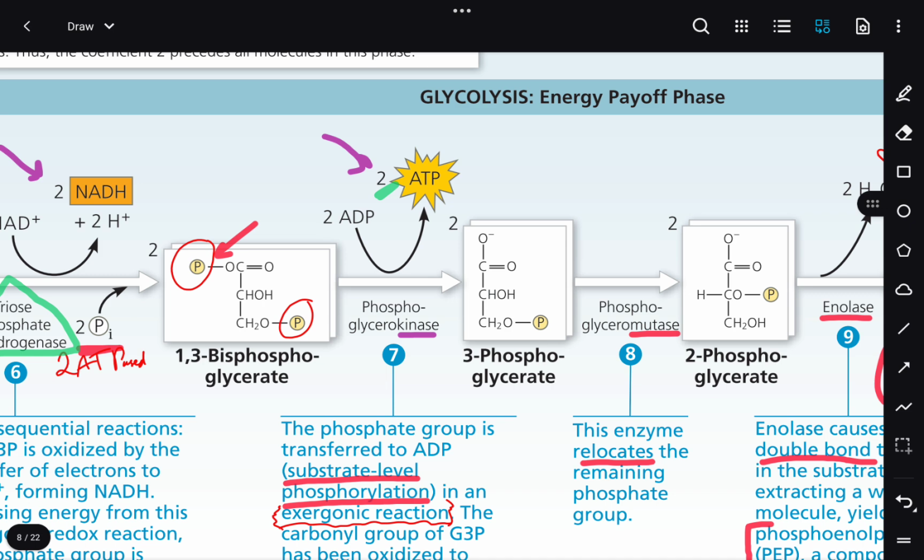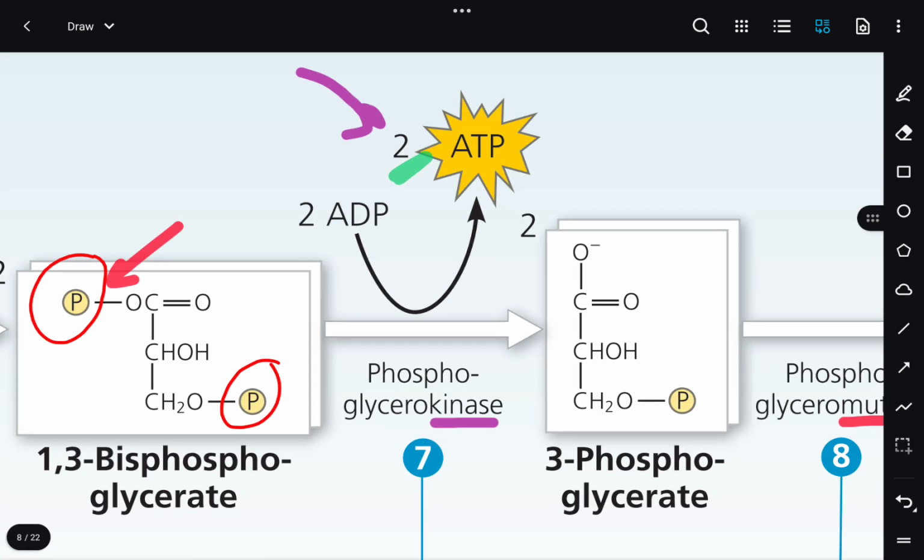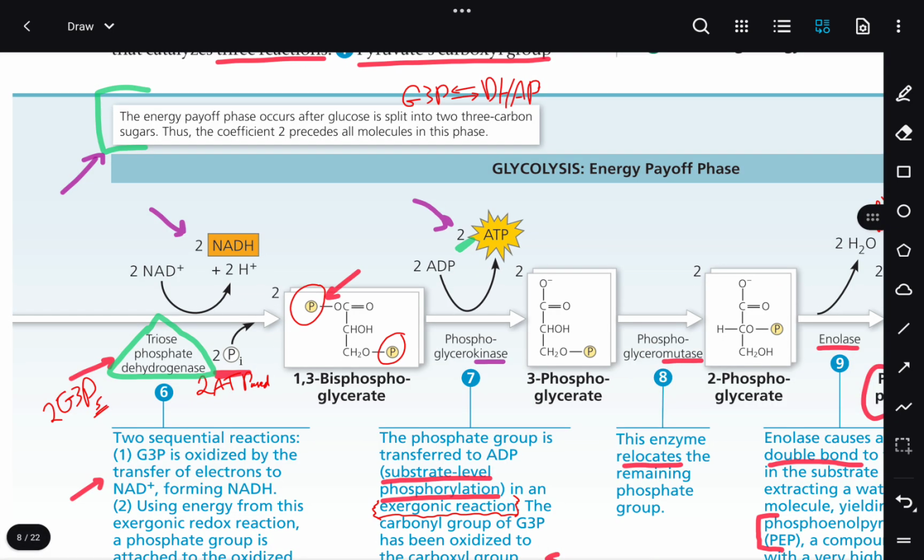Now we have the first kinase here, and since we know that kinases are involved in moving phosphate groups, and that the second half of glycolysis produces ATPs, each G3P will be kinased, and it's called phosphoglycerokinase.